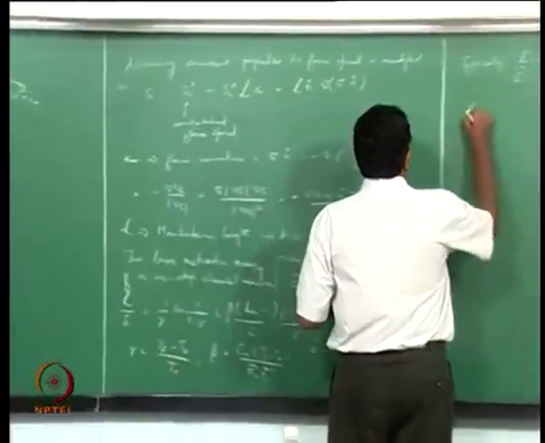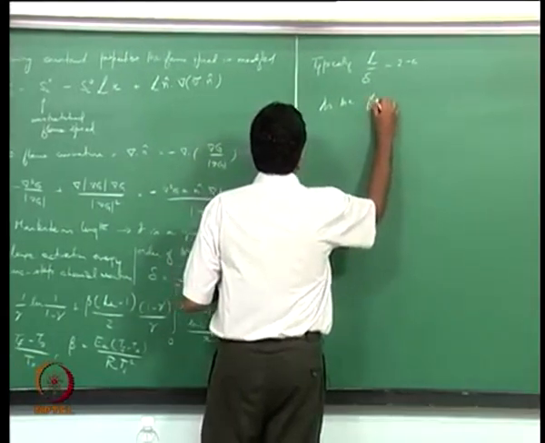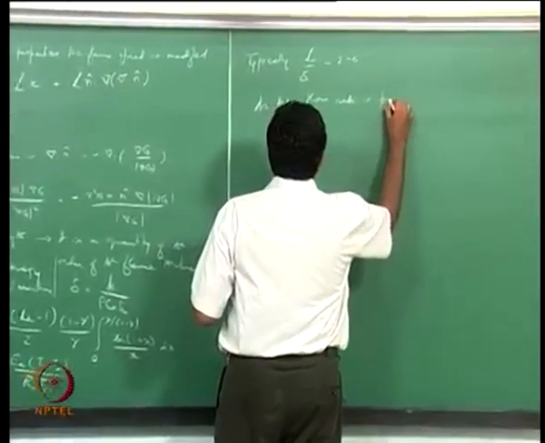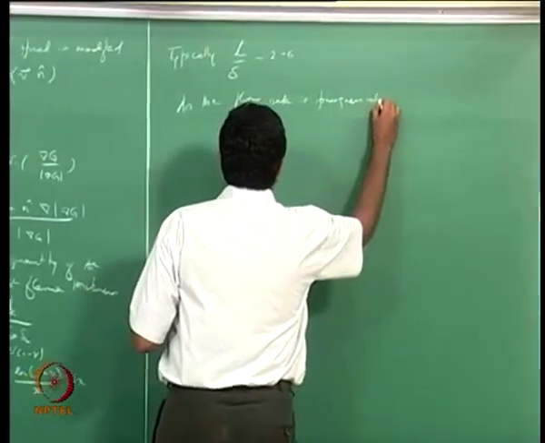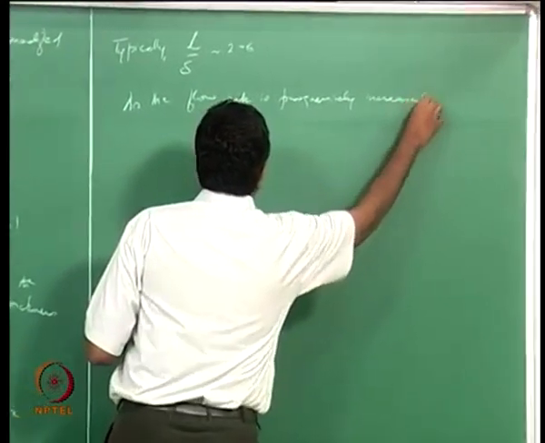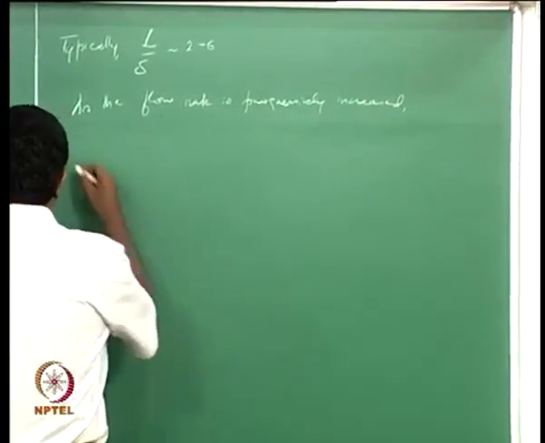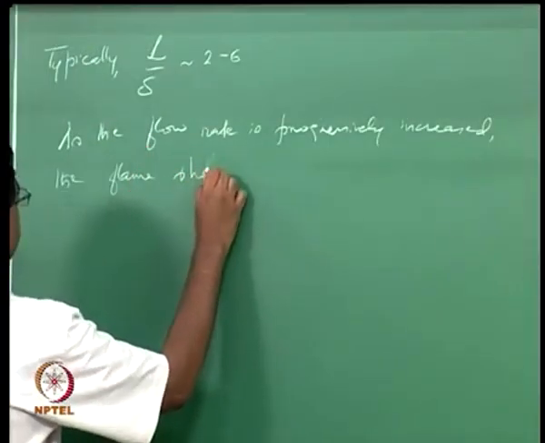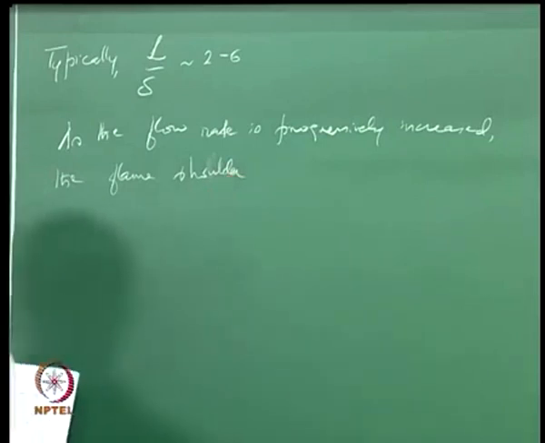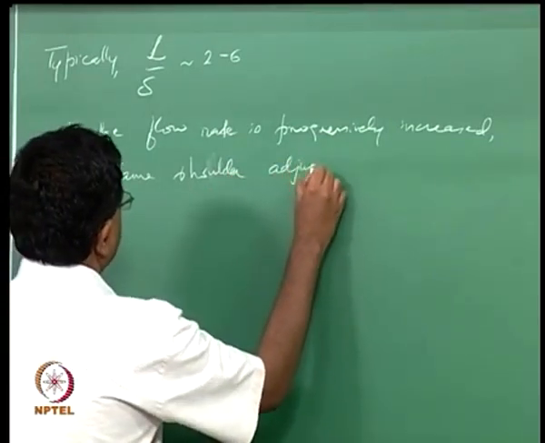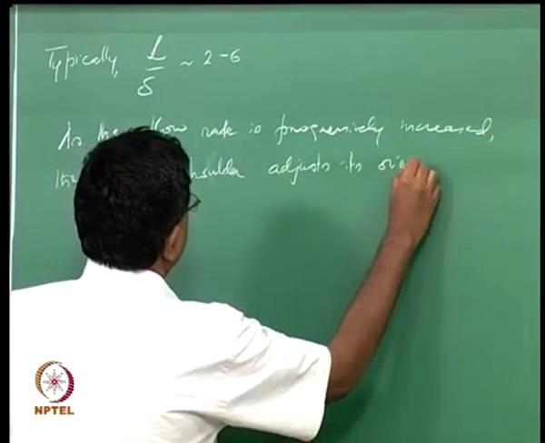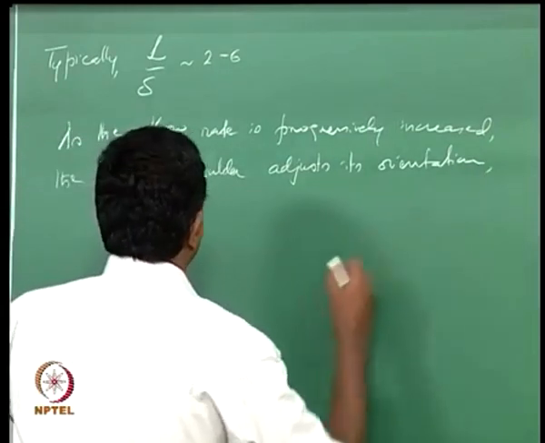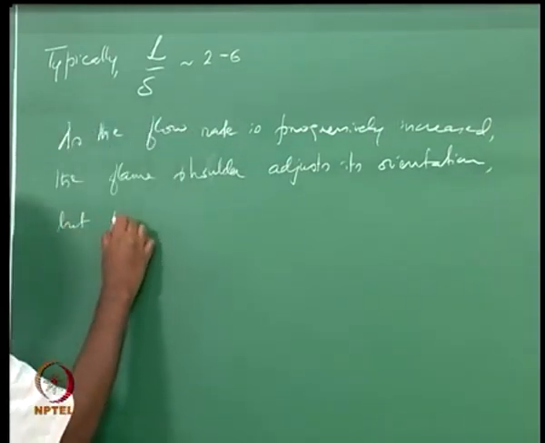So as the flow rate is progressively increased, the flame shoulder adjusts its orientation, but the tip can't.